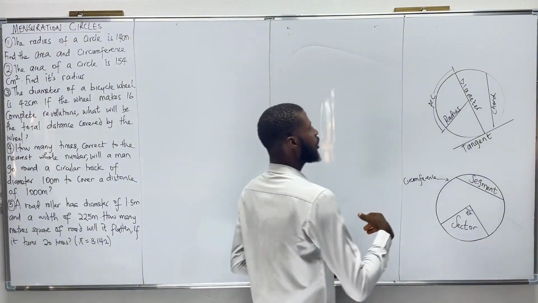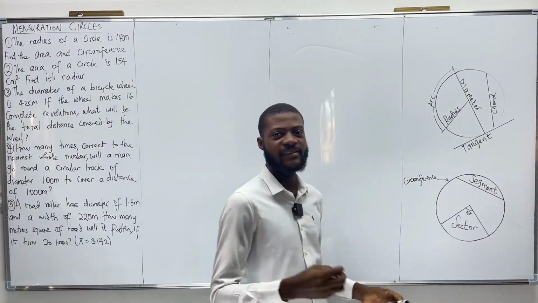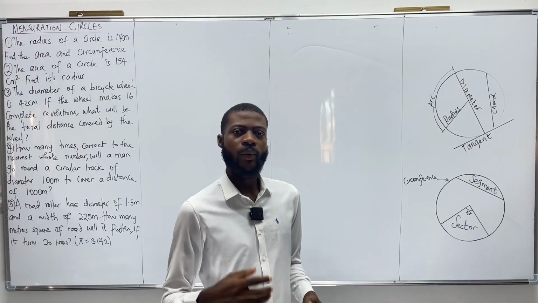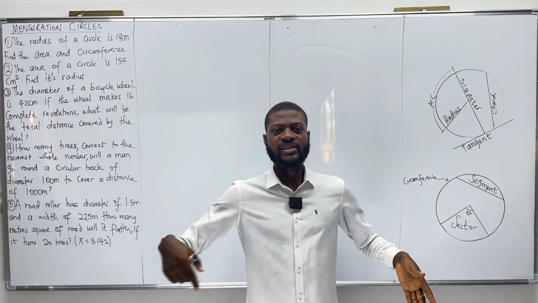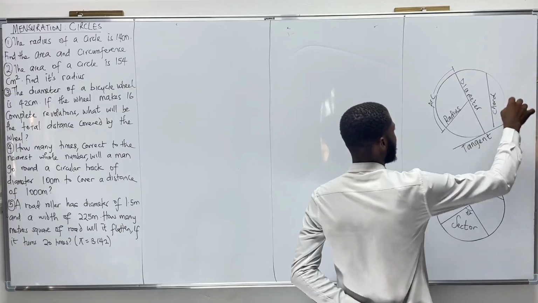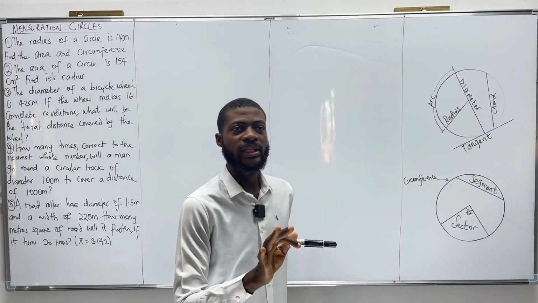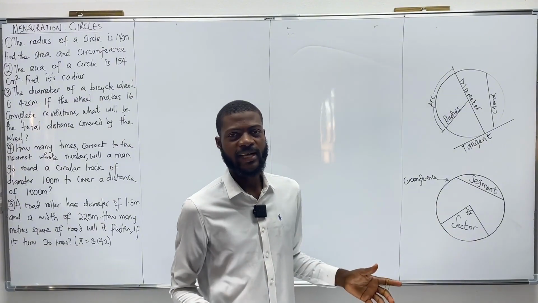The first common part that everybody knows is the radius of that circle. Radius is a line from the center to the circumference. So what is circumference? Circumference is this round thing. Take note, it's not only circles that have circumference. Any shape can have circumference.